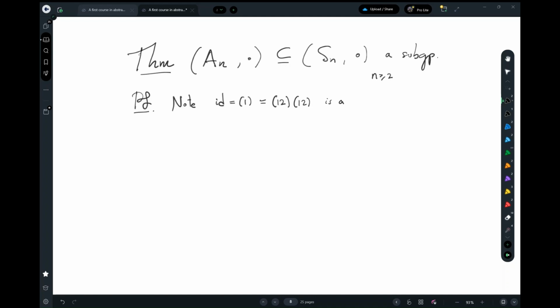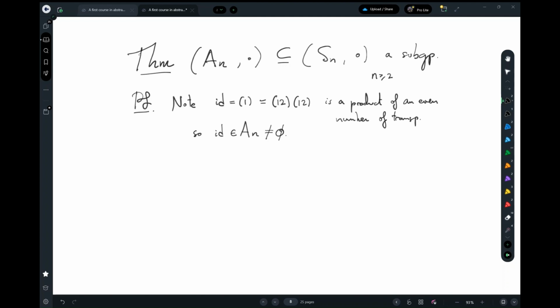It's a product of an even number of transpositions. And precisely those sigmas that are an even product of transpositions are the elements of An. So the identity is in An. So it is non-empty. Great. So we have a non-empty subset of Sn.